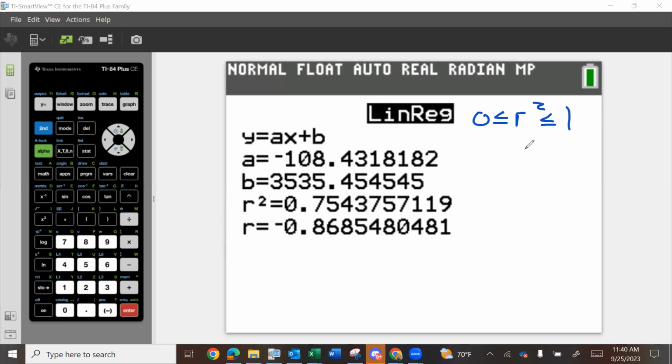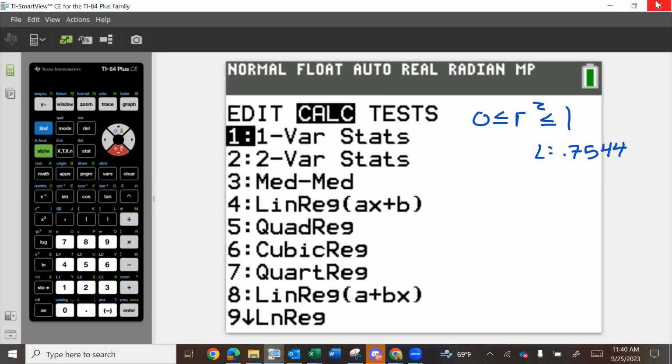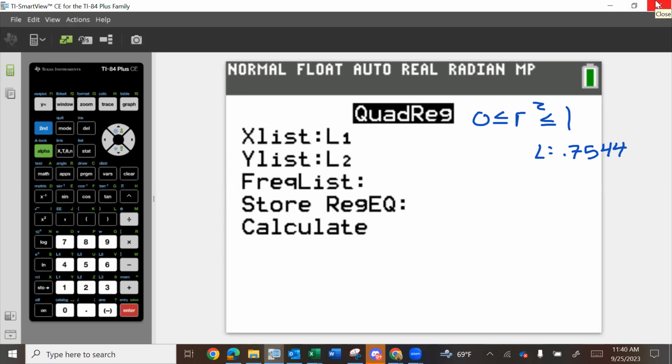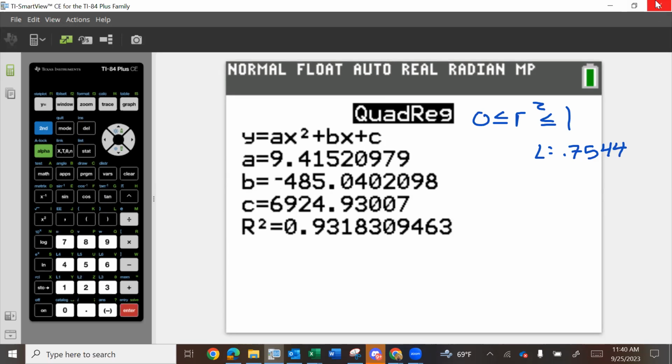Okay, so let's see what we got here. Our linear regression gave us an r squared value of 0.7544. I like going out 4 decimal places because then you don't have to worry about them being the same. So what if I do the quadratic regression? Let's see what we get there. Ooh, that's quite a bit better.